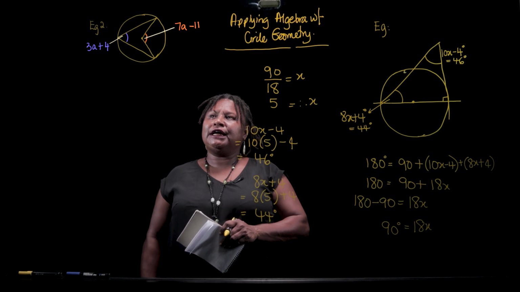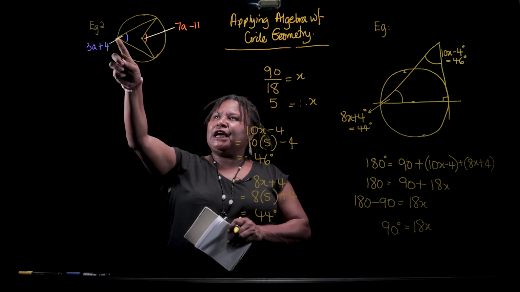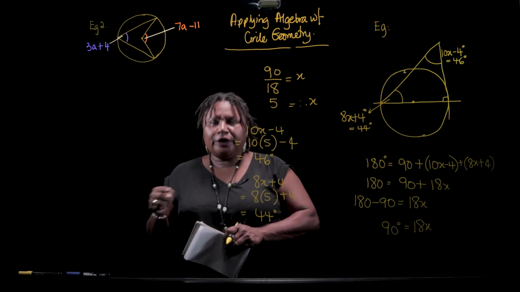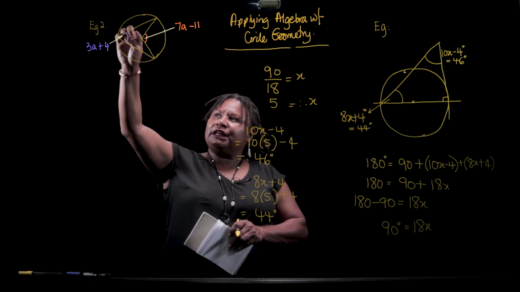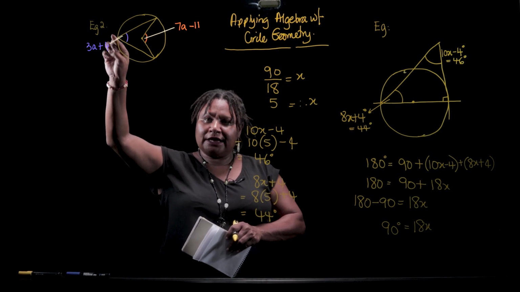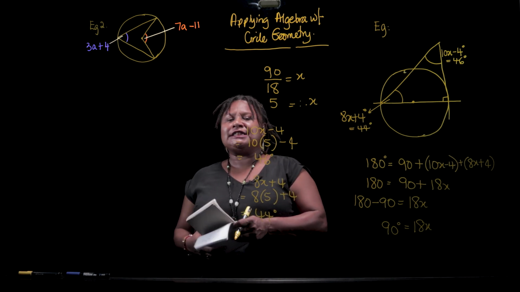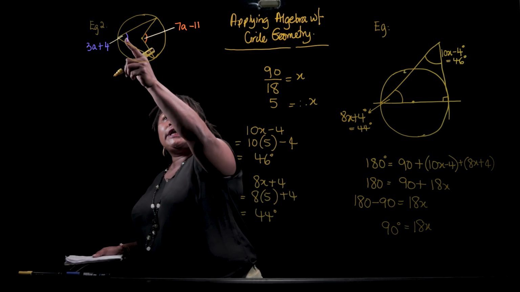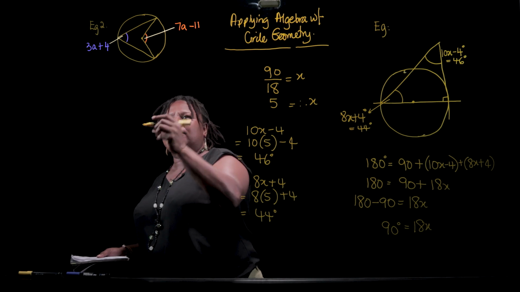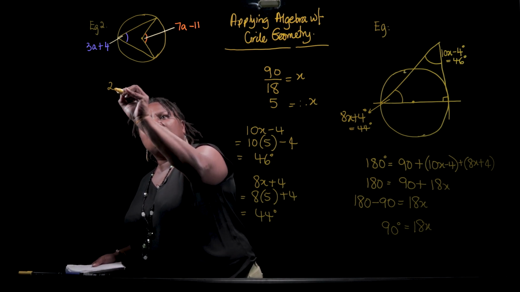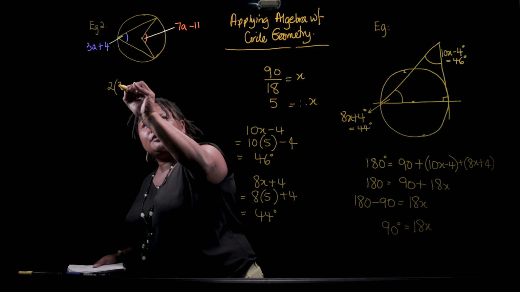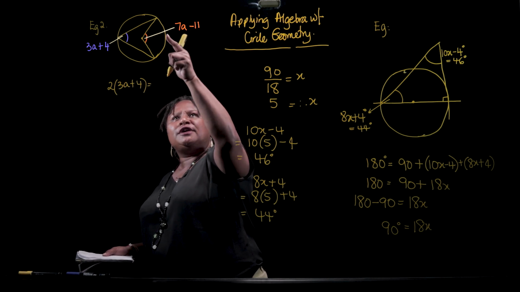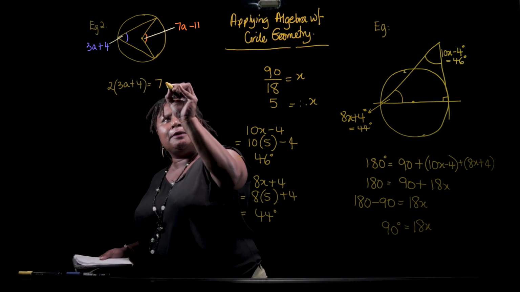Just by looking at the diagram, we should already know what property we are going to use. The angle at the circumference here is half of this angle at the center, or we can say the angle at the center is twice the angle at the circumference. How do we write that when we are forming the equation? 2 times this angle, 3a plus 4, is going to give us the value of the angle at the center.